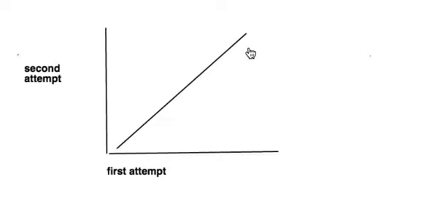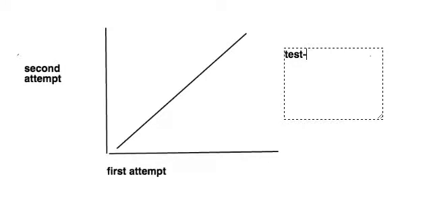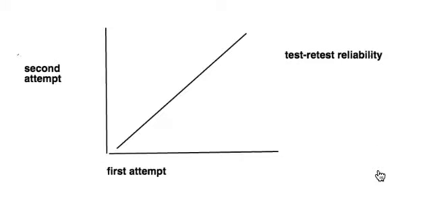And someone who scores high the first time also tends to score high. If you guessed that this is called test-retest reliability, you're right. And this is a great way to show that a test is consistent. You keep getting the same score every time, whether you're somebody who scores low every time, or in the middle, or even high.